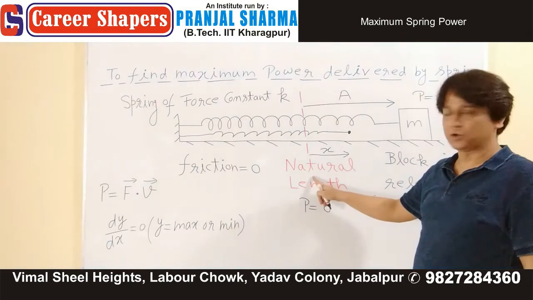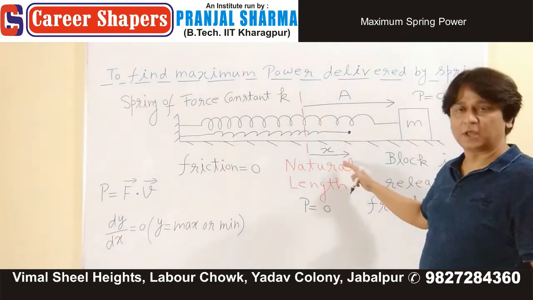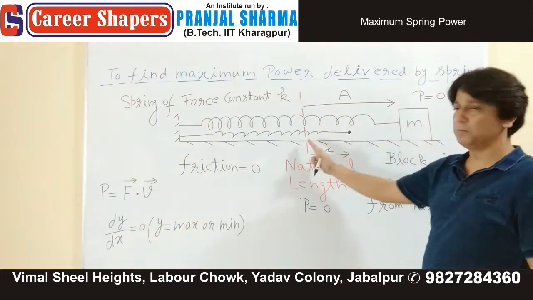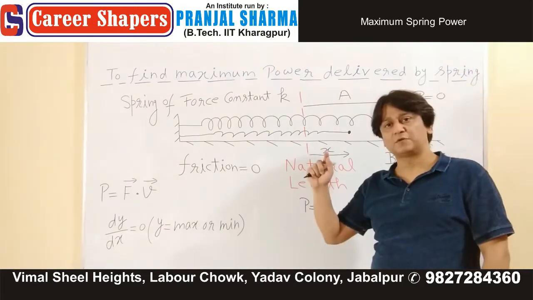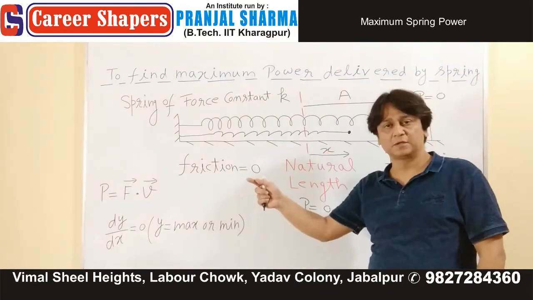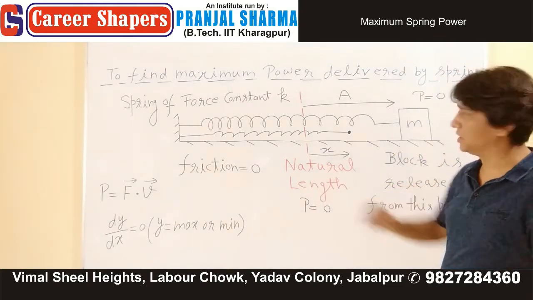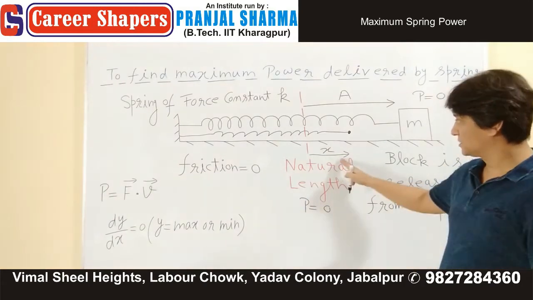From the natural length, position of the object is x. Definitely object has moved A minus x, but when you write spring force, you always write F equals to kx, and in that x is what? Distance from the natural length, and therefore I am using x. So this is the x.